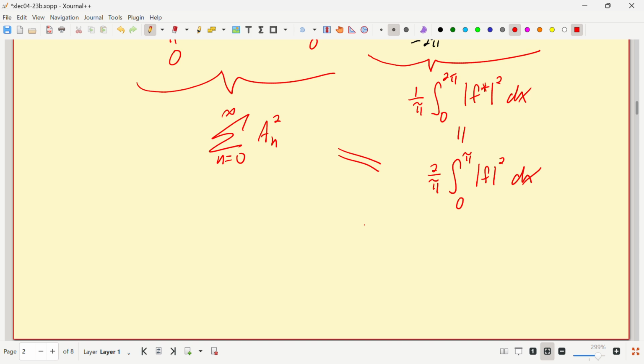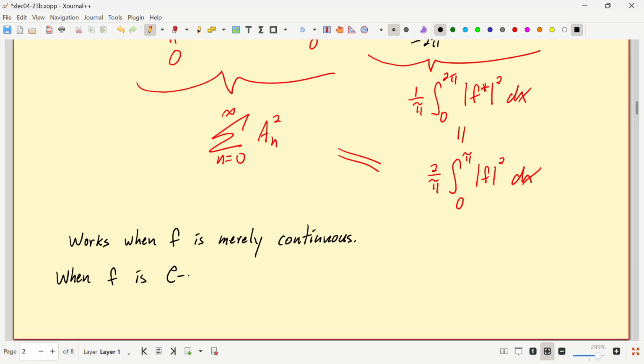So let's see, we get Parseval's only when f is continuous. This works when f is merely continuous. When f is C1 smooth, with f prime of 0 and f prime of pi equal to 0.